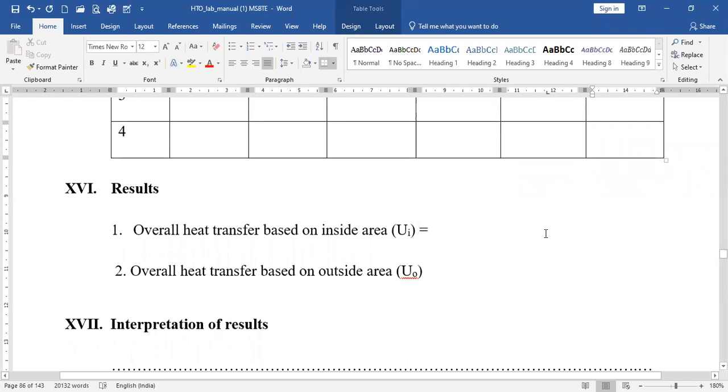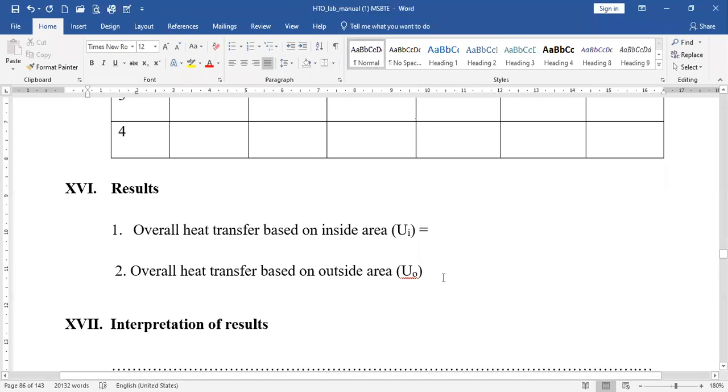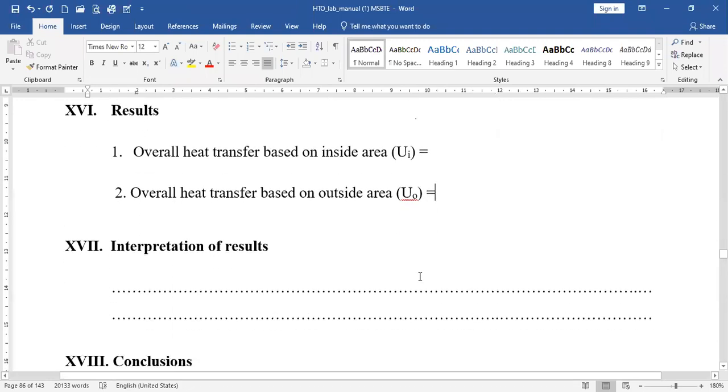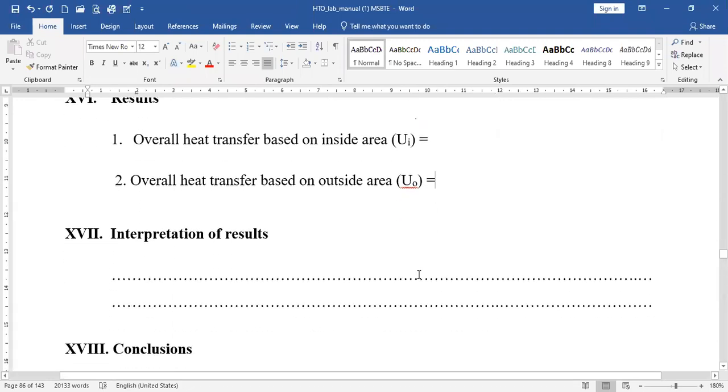So up till now, we have discussed the theory, calculations, observations, and our result should be the overall heat transfer coefficient. There are two overall heat transfer coefficients, one based on the inside area and the second based on the outside area. That should be written here in the result, and then we should interpret the results.